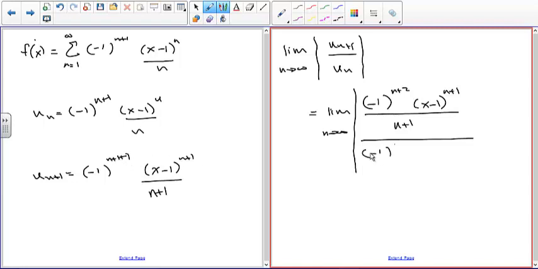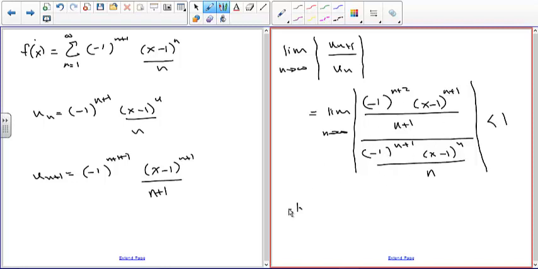And then you get negative 1 to the n plus 1 times x minus 1 to the n divided by n. So that's u sub n. And that has to be less than 1. Again, this is the ratio test.